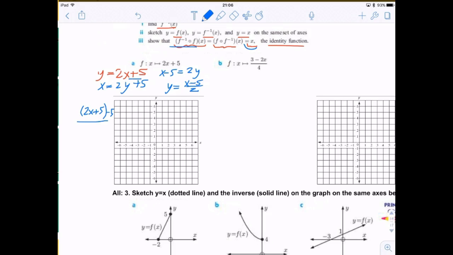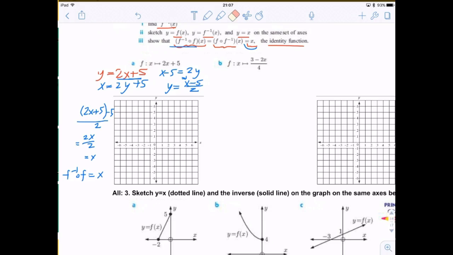That gives us 2x plus 5 minus 5 divided by 2. If we subtract 5 from 2x plus 5, we get 2x divided by 2, and 2x divided by 2 is equal to x. Okay, so we can see that basically we got the original input back. So indeed, inverse function following function is equal to the original input.